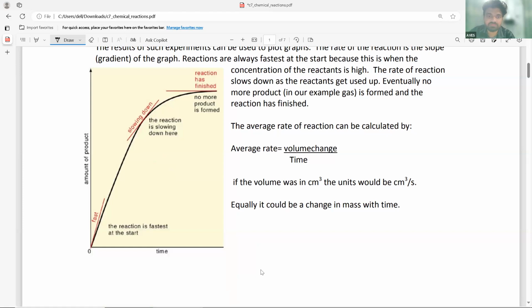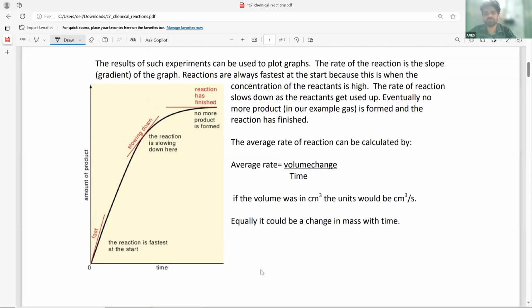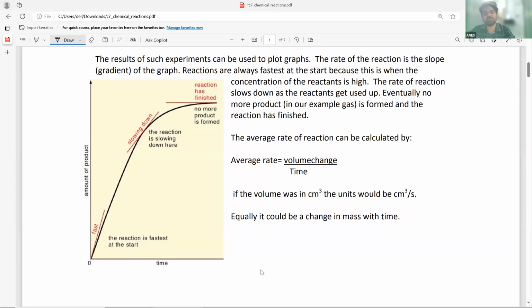Did you not understand, or should I explain one more time? Just make the graph of the amount of product versus time. Don't write all of this. Otherwise I could have asked, but I'm not, because you can do this by yourself.